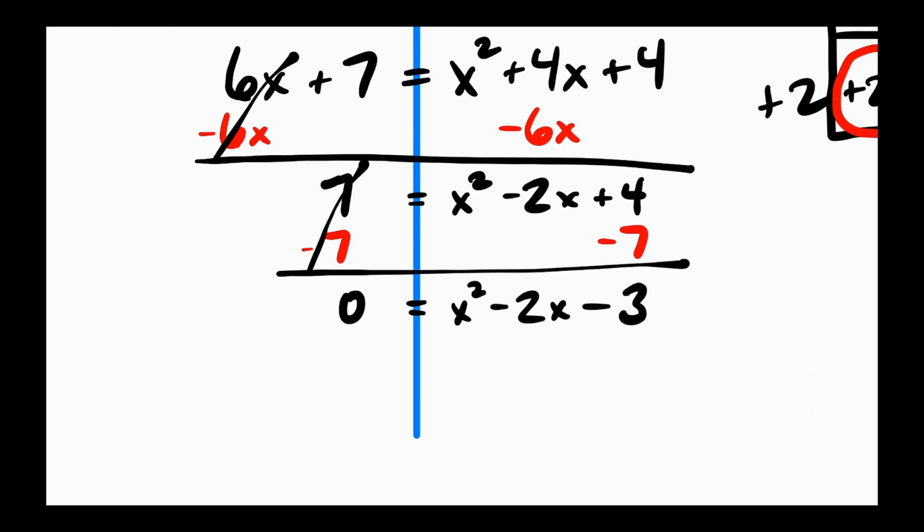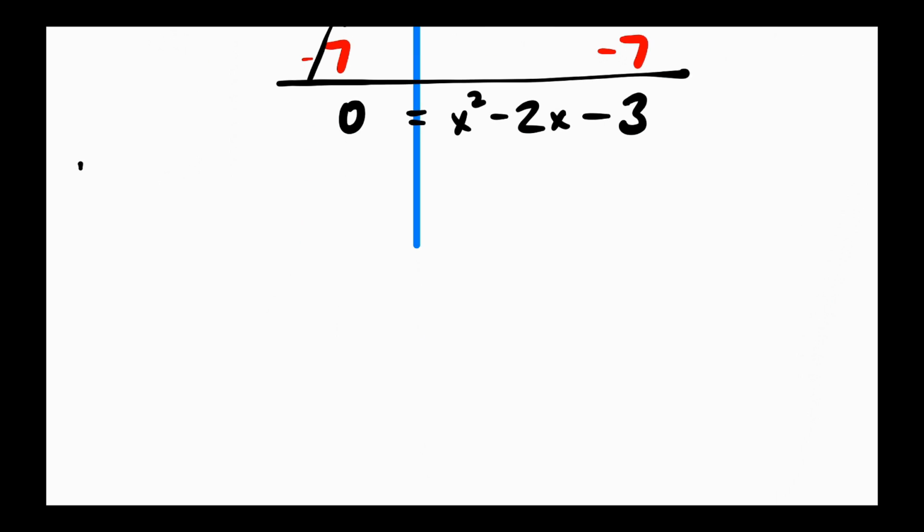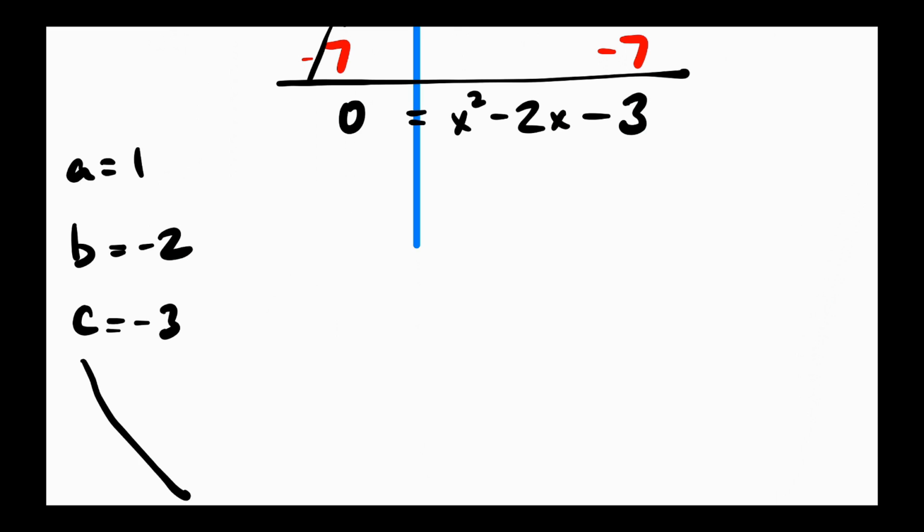Okay, what do we do next? There you go. A, B, C. A is 1. B is negative 2. C is negative 3. So it's got to multiply to be negative 3 and add to be negative 2.